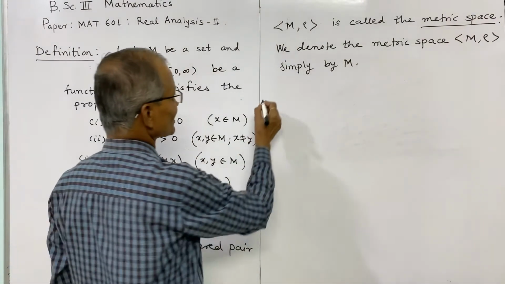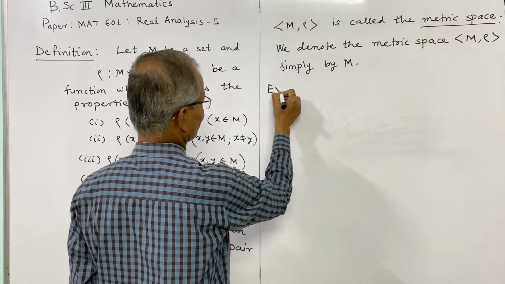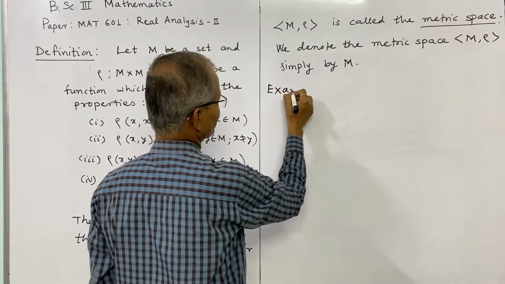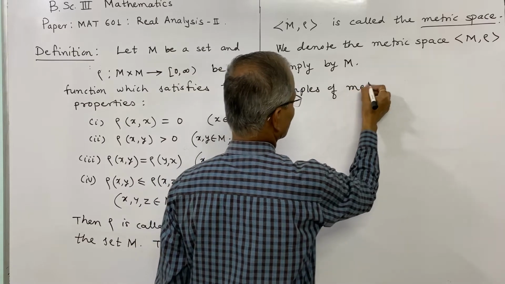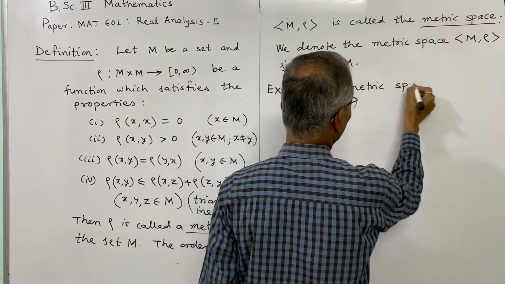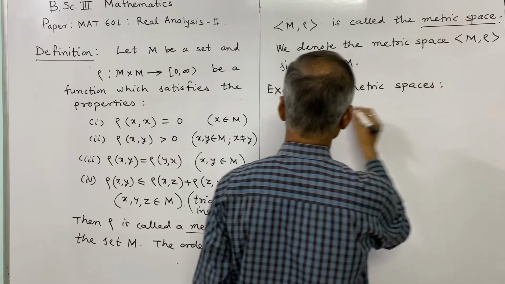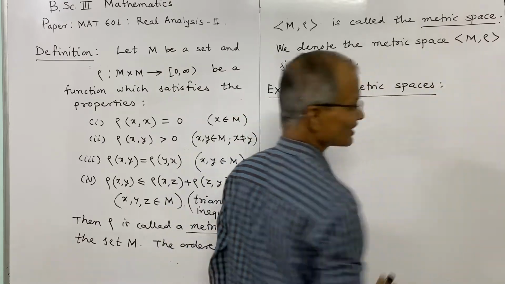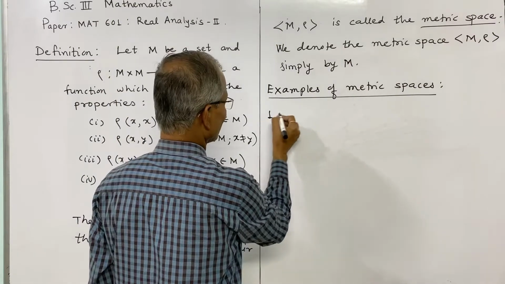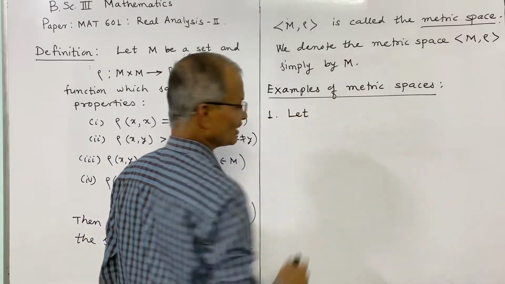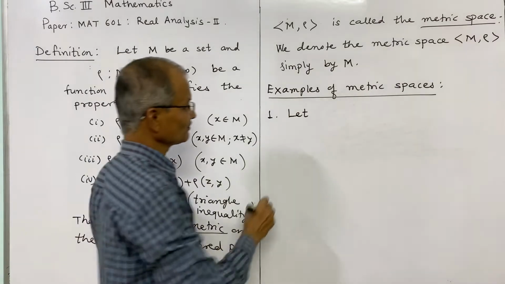Now we will consider some examples of metric spaces. First example we will consider is the same as we have seen earlier. Let R be the set of real numbers.